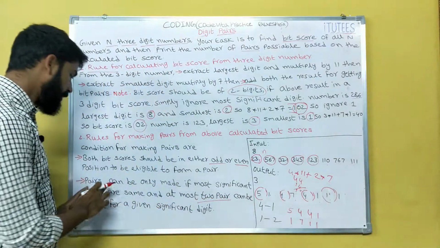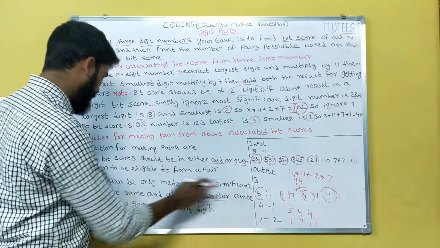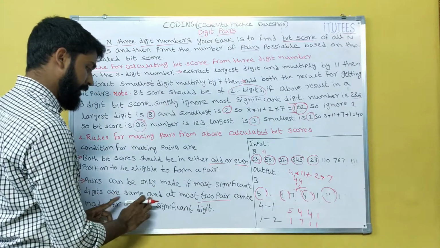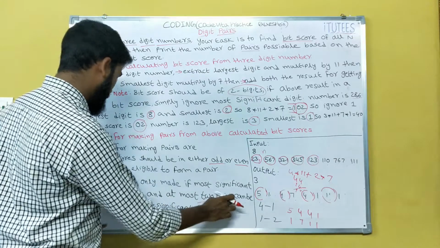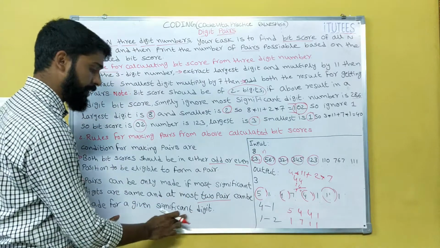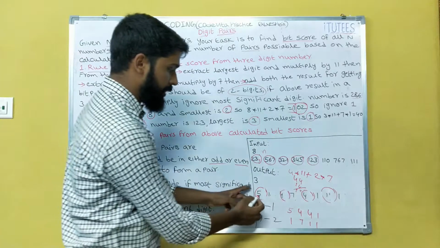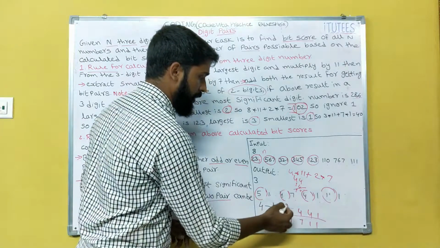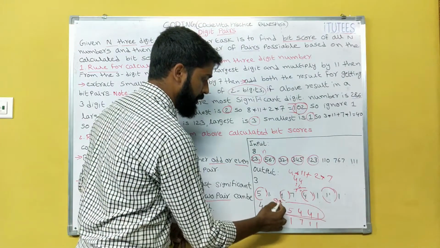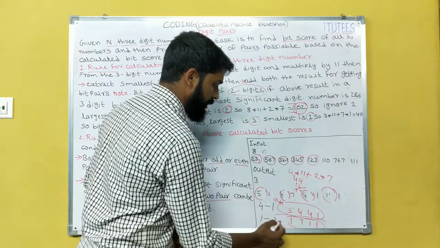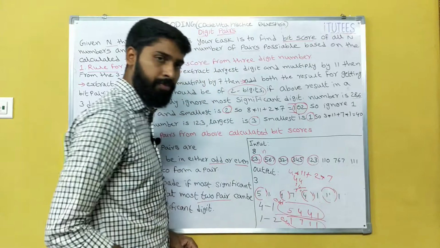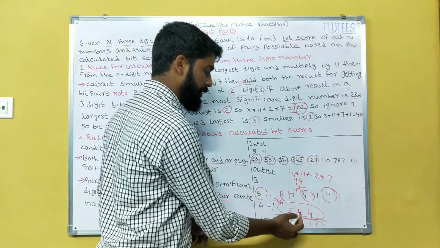Pairs can only be made if the most significant digits are the same, and at most 2 pairs can be made for a given significant digit. That means we can divide this into all the numbers in odd places and all the numbers in even places. Now we can calculate for these digits.